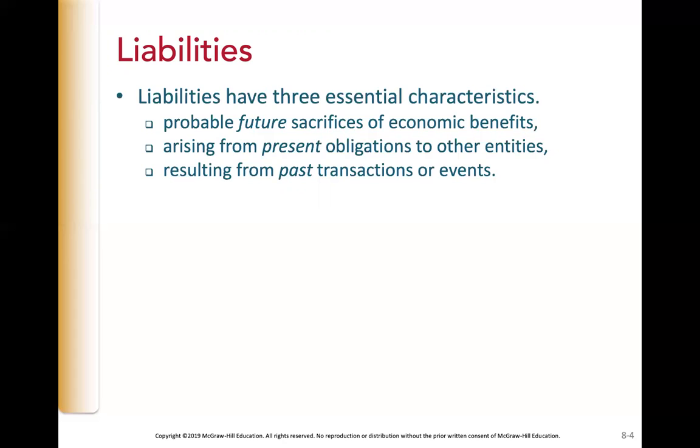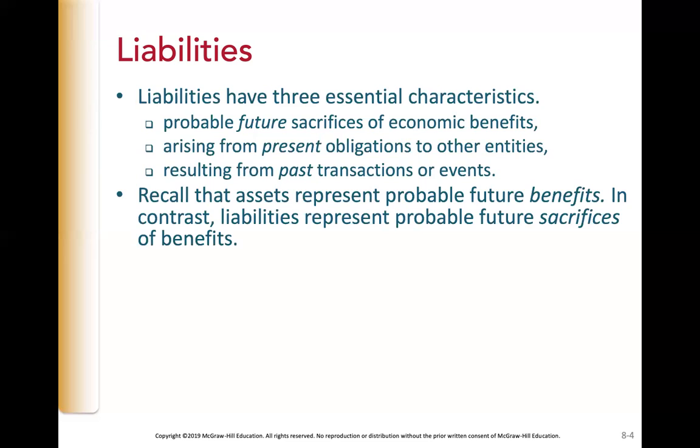We're going to have to pay cash in the future for the present obligation that we have to our supplier from the transaction in the past of receiving our merchandise. Probable future sacrifices arising from present obligations resulting from past transactions.